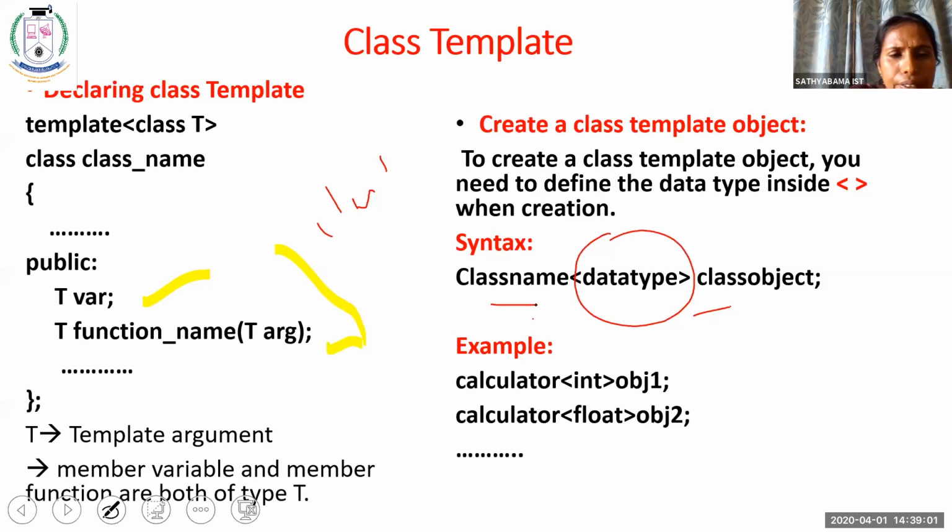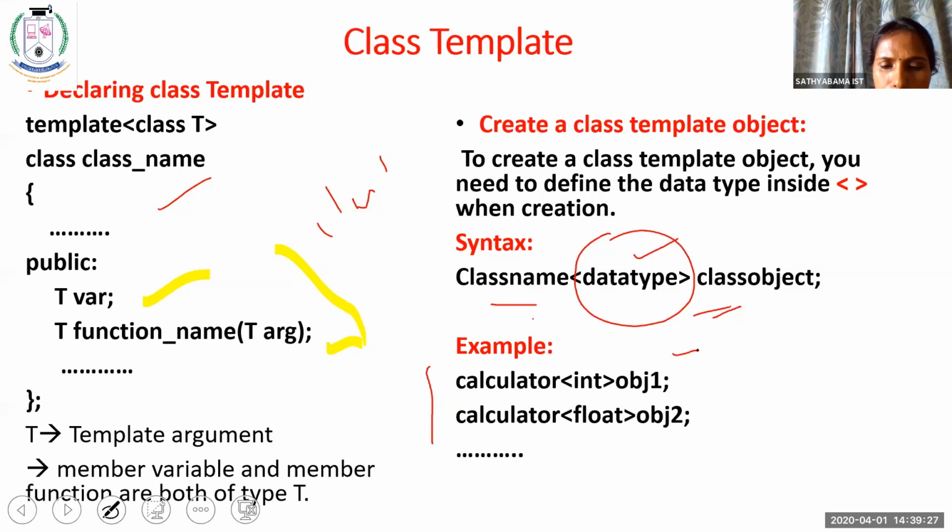The class name is an already defined class name, and then the data type. Your class is going to work on a particular data type, and that data type you have to specify, and then your class object. Say for example, my class name is Calculator and the object name is object1.